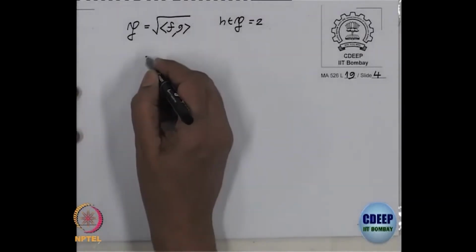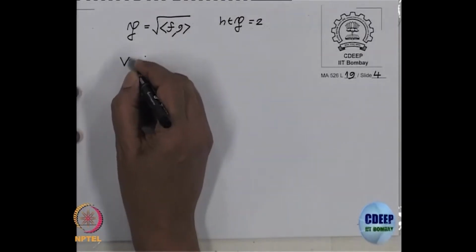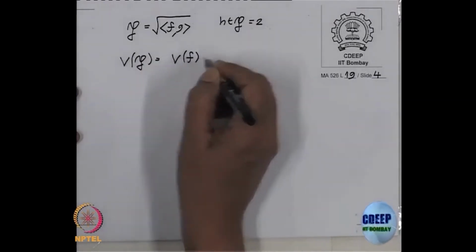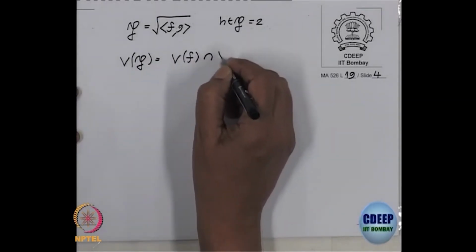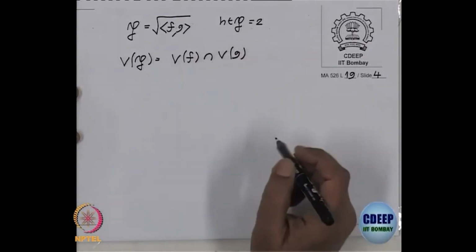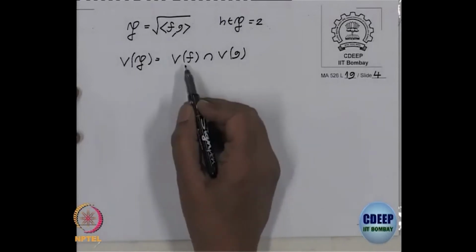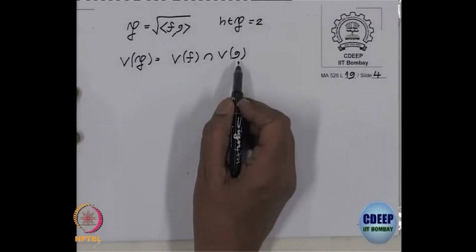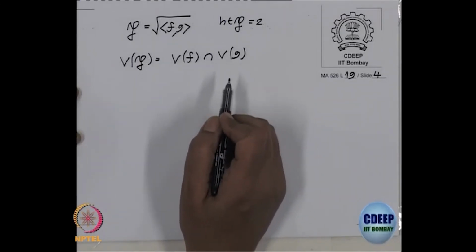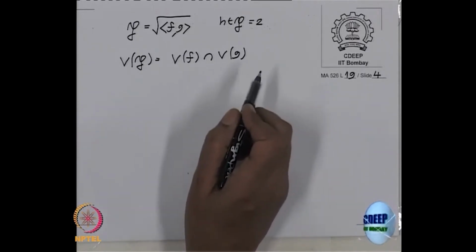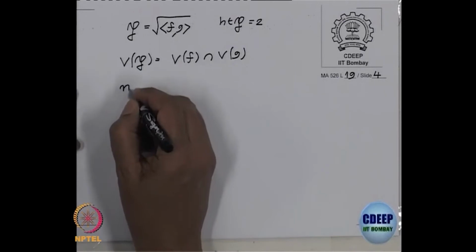Because if it is so, then in geometric language V(P) will be equal to V(F) intersection V(G). So, this curve is an intersection of 2 surfaces, but this answer is till today not known even for C and 3-space. So, this is not known in general.